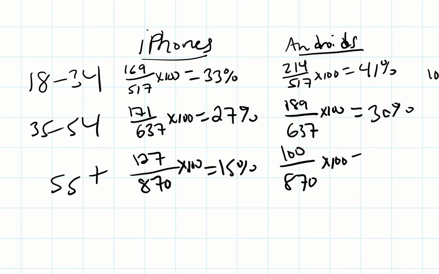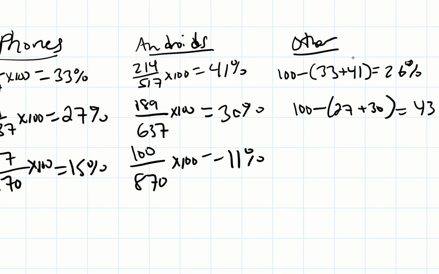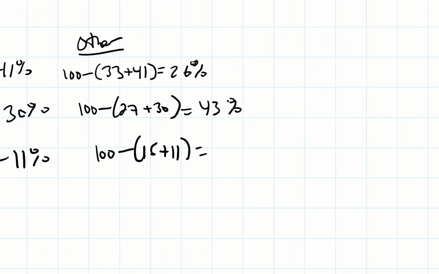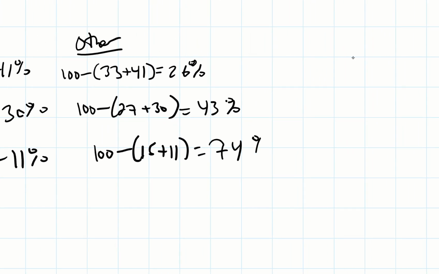Definitely less use Androids. Got 11%, around there. And so we got 100 minus 15 plus 11. 15 plus 11 is 26. 100 minus 26, about 74%.